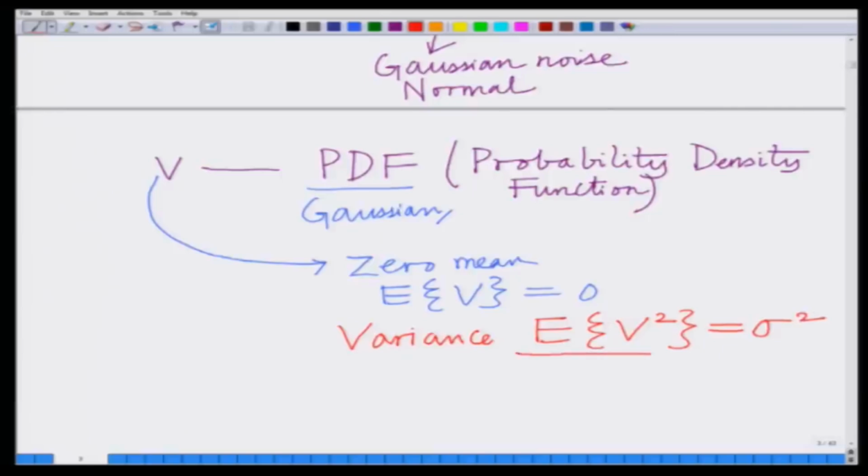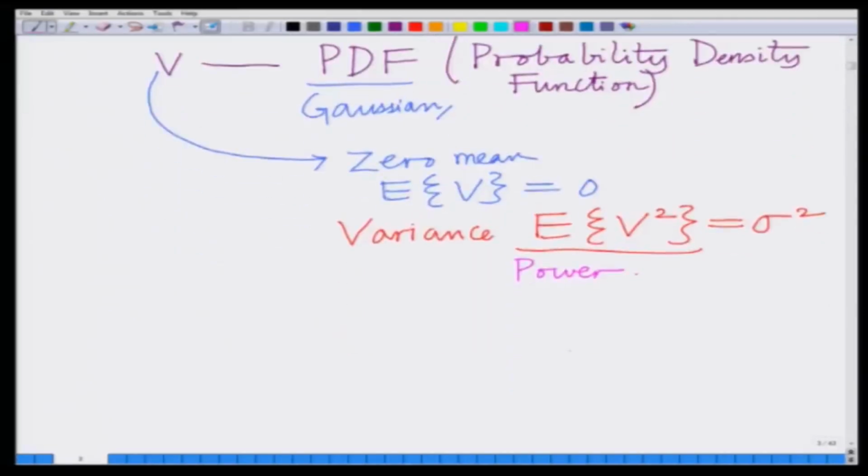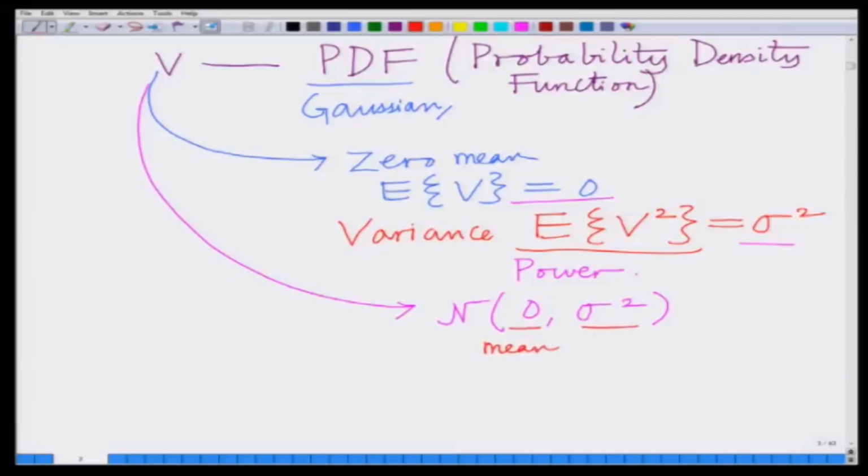Since this is expected v square, this is also the noise power. Therefore, this is Gaussian with mean 0 and variance sigma square. This is denoted as script N of 0 comma sigma square, where 0 denotes the mean and sigma square denotes the variance of the noise.